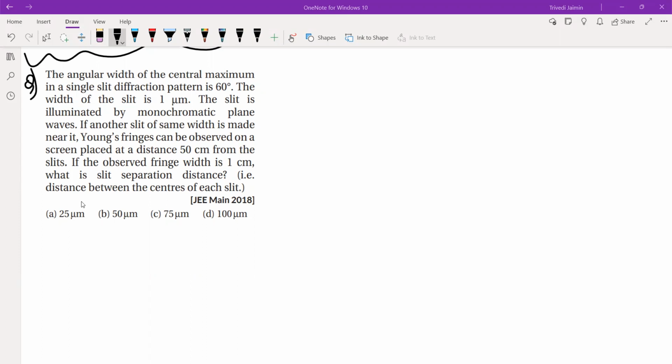If another slit of the same width is made near it, Young's fringe can be observed on a screen placed at a distance of 50 centimeter from the slit. If the observed fringe width is 1 centimeter, what is the slit separation distance, that is the distance between the centers of each slit? Options are given.